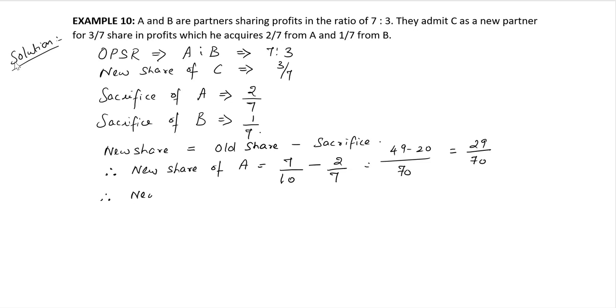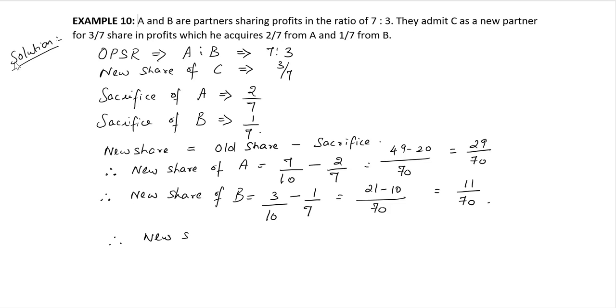Similarly, new share of partner B is equal to old share 3/10 minus sacrifice of B, which is 1/7, which comes up to 11 divided by 70. The new share of C as per the problem is 3/7, which can be written as 30 divided by 70.